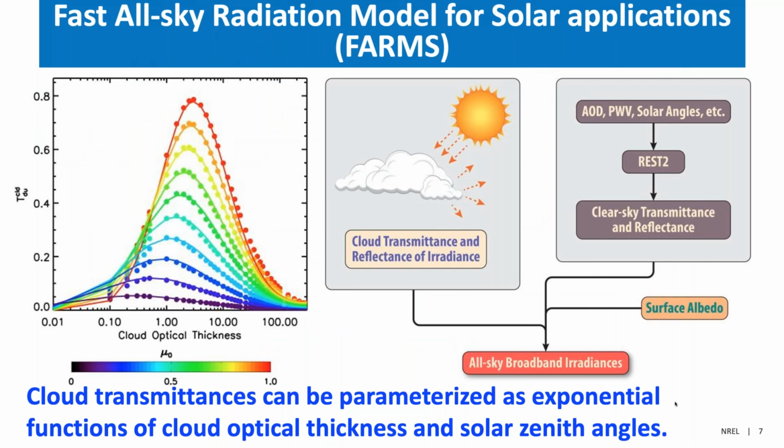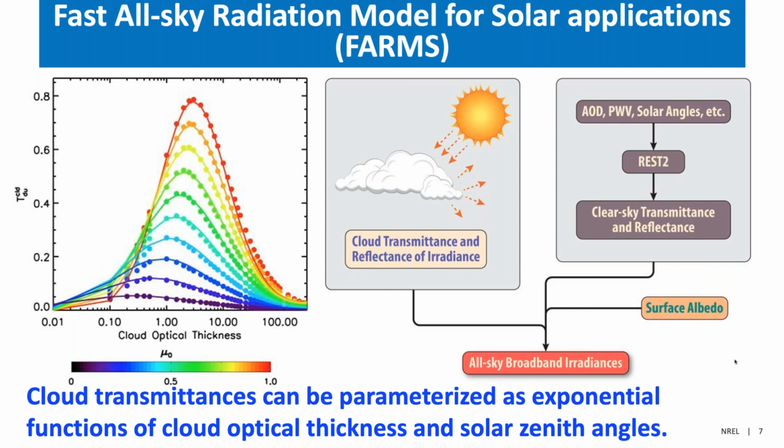So let me quickly say what's unique about the FARMS model, because the FARMS model is an integral piece of the NSRDB. Normally, a radiative transfer model used in meteorology is extremely slow and it's not tractable to do millions of computations.